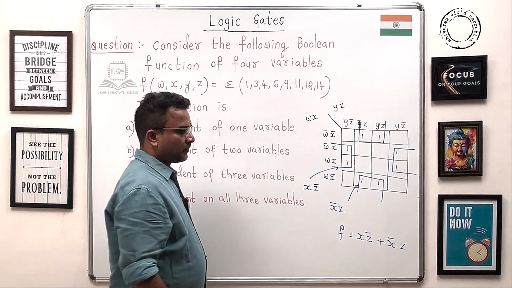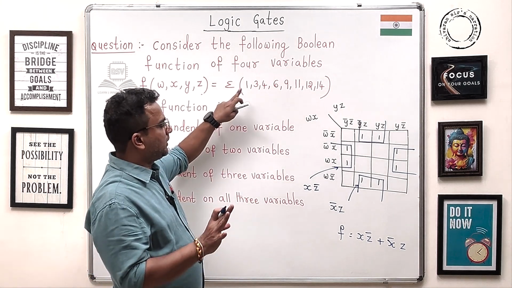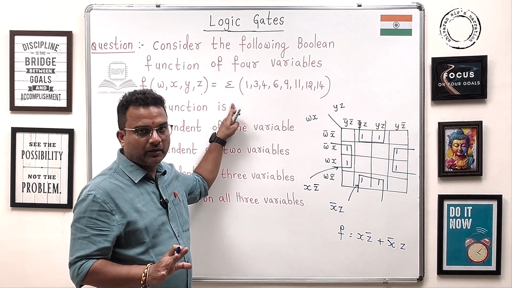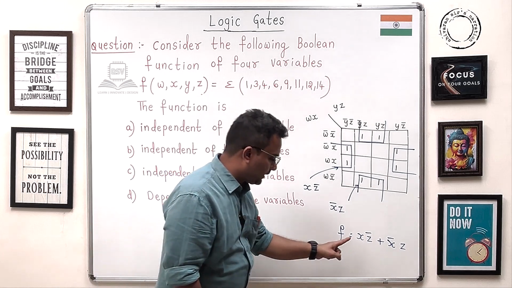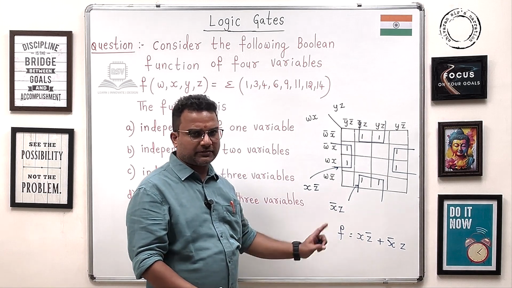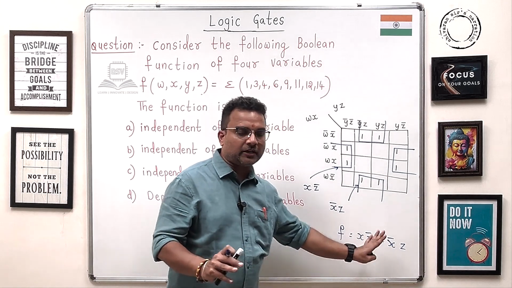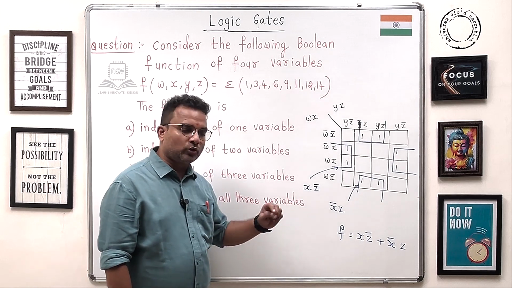Now, from this we can tell, as per the simplified output expression, it depends upon variable x, variable z, and their complements as well. It depends on x and z variables, and it is independent of the remaining 2 variables.